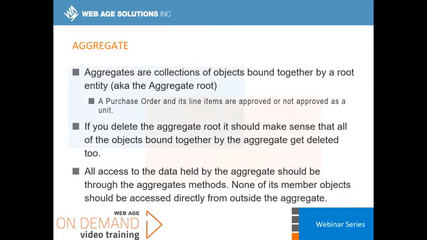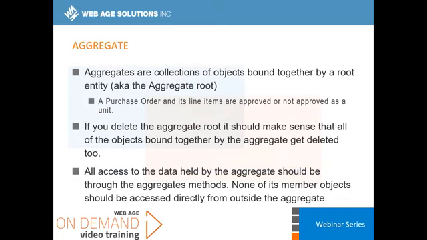If I had a purchase order aggregate, it might have a set of objects associated with it. There are some deletion semantics that go along with this, which says that an aggregate owns the stuff that it connects to, and therefore, if the aggregate is deleted, then it makes sense that all the things that it owns or is related to ought to be deleted as well.